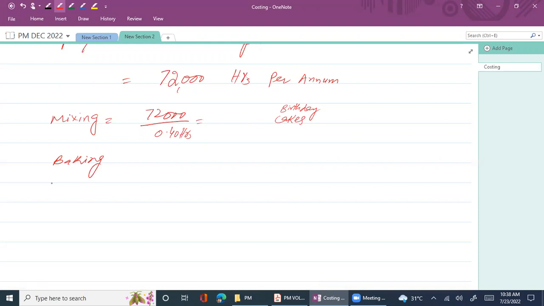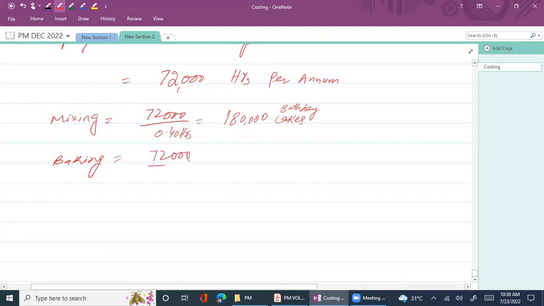Basically, in a full year I can mix the raw materials for this number of cakes. So 180,000 birthday cakes can be mixed in this factory in 1 year.